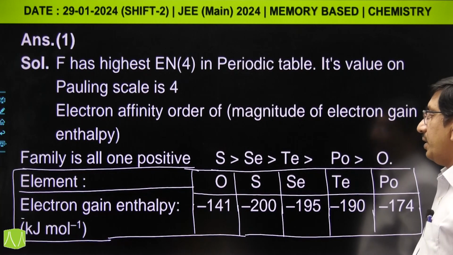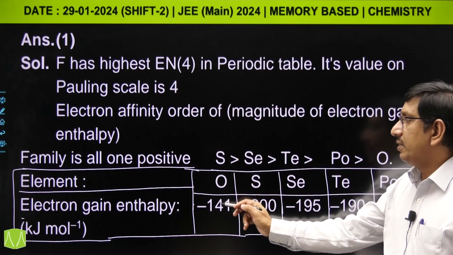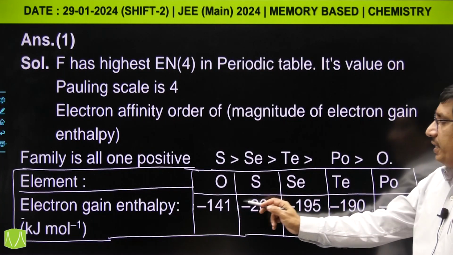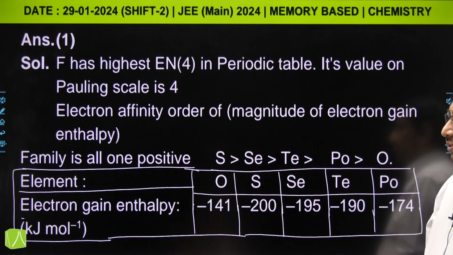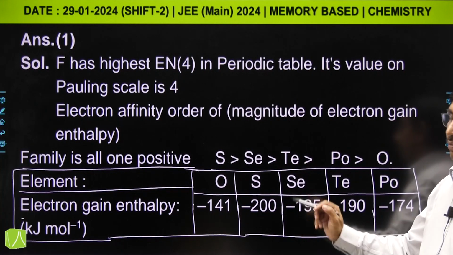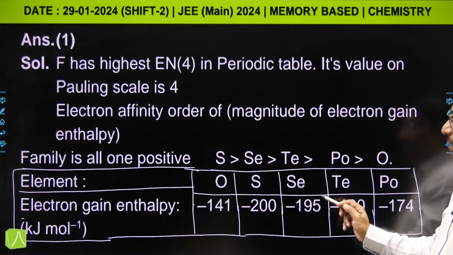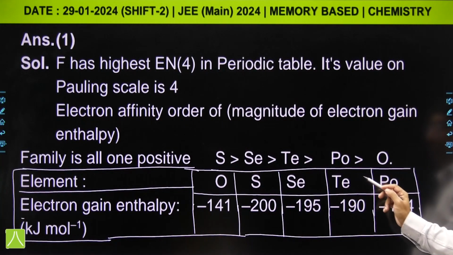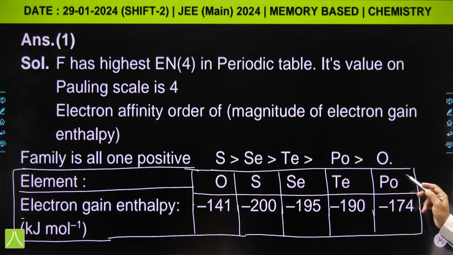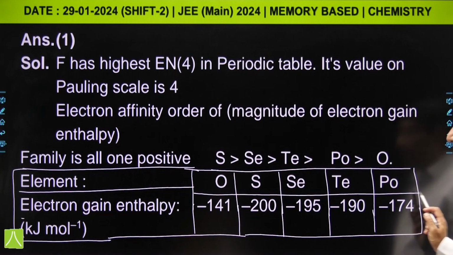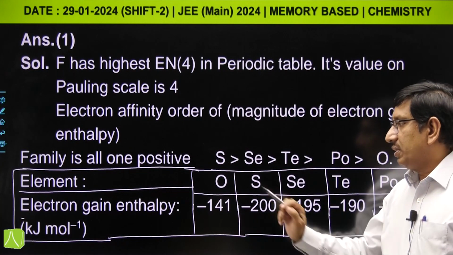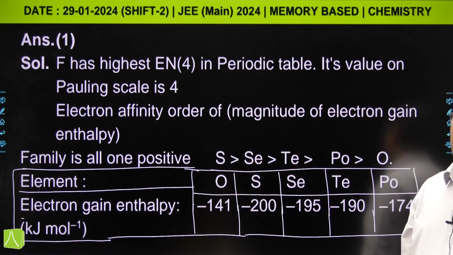Yes, in this you can observe electron gain enthalpies. For oxygen it is -141 kilojoule per mole, for sulfur -200, selenium -195, tellurium -190 and polonium -174 kilojoule per mole. So, among all these elements least is for oxygen.